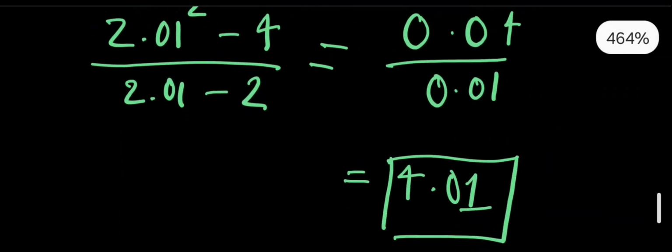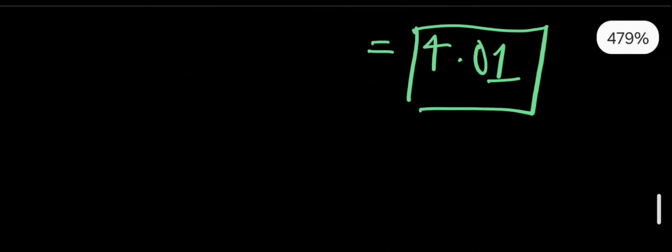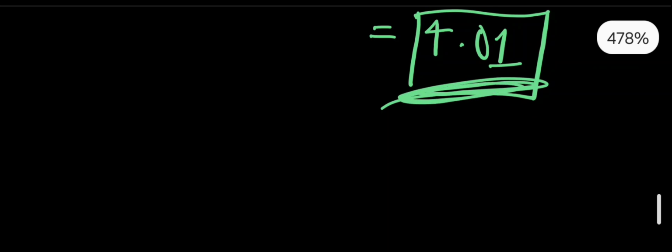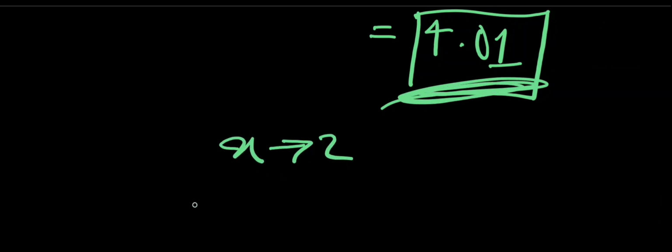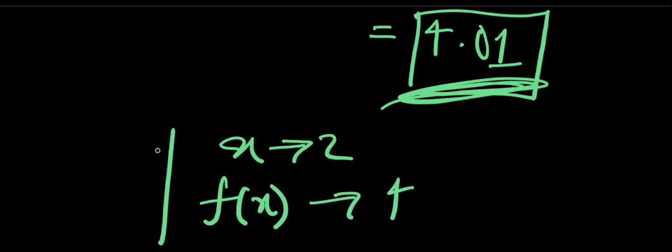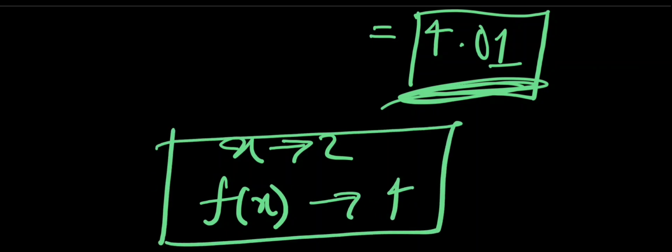So even a closer value. We can clearly see that as x approaches 2, that function, let's call it f of x, approaches 4. And that's how you could evaluate a limit when you can't use direct substitution.